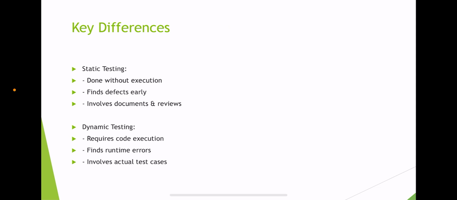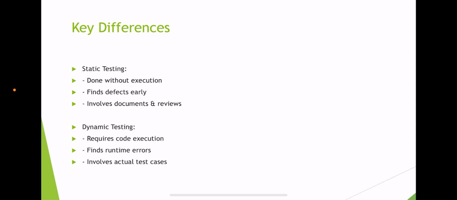So we'll go through the differences between static testing and dynamic testing. The key differences are: static testing is done without code execution, whereas dynamic testing is done after the code is executed or deployed.